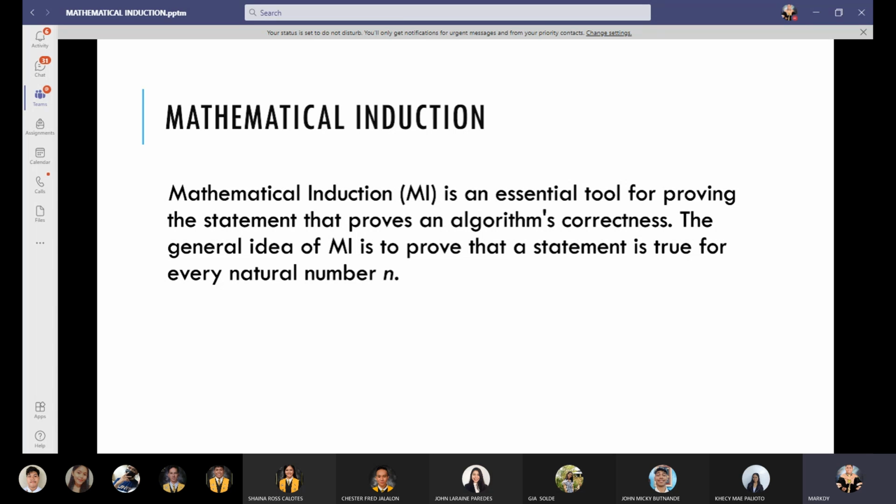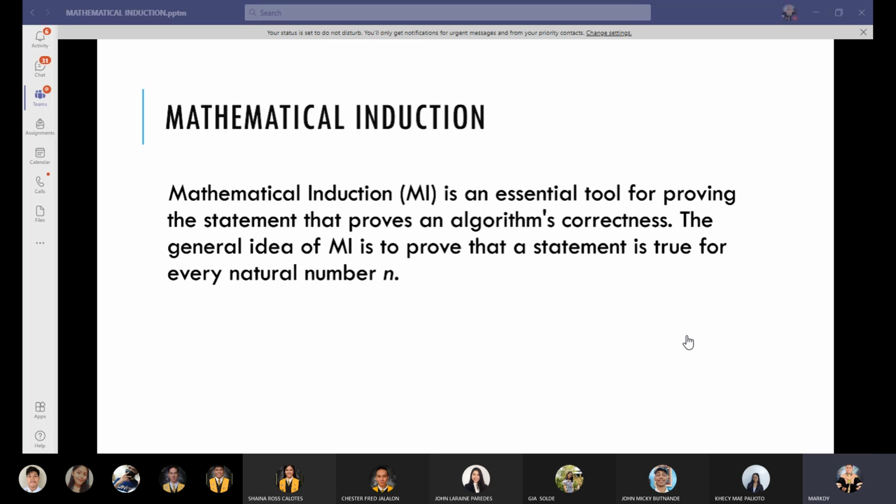The general idea is to prove that a statement is true for every natural number. So we will be dealing with proving.